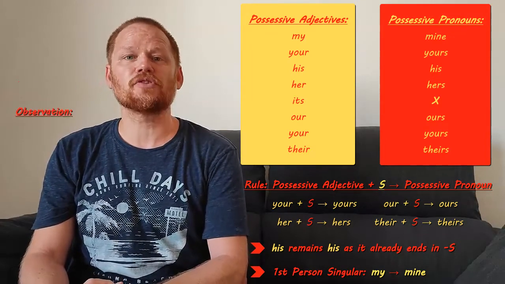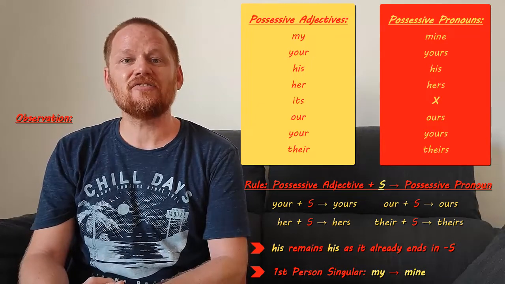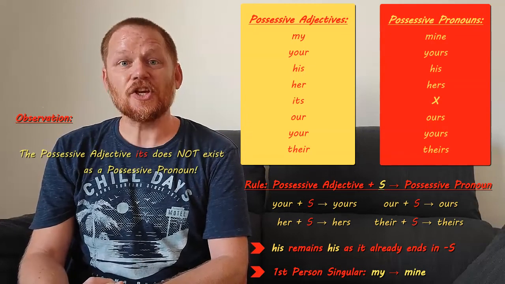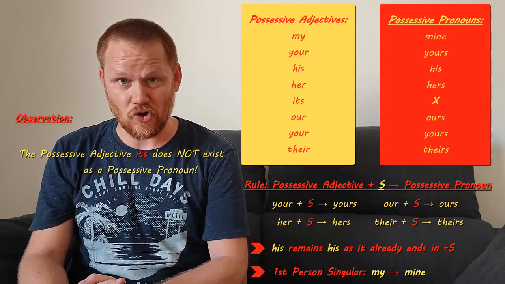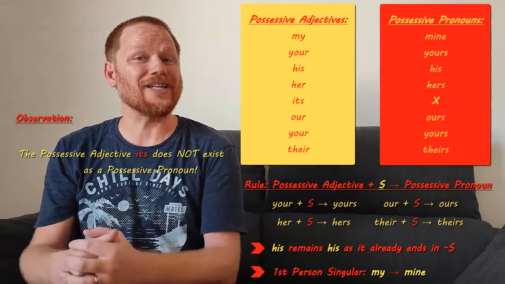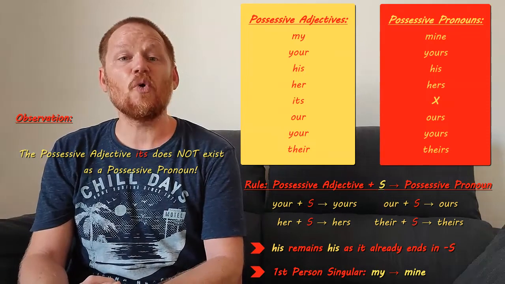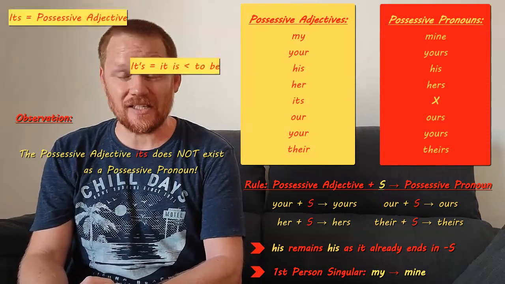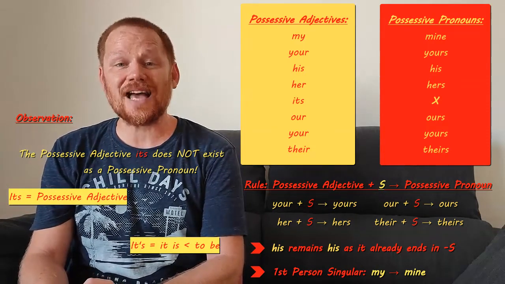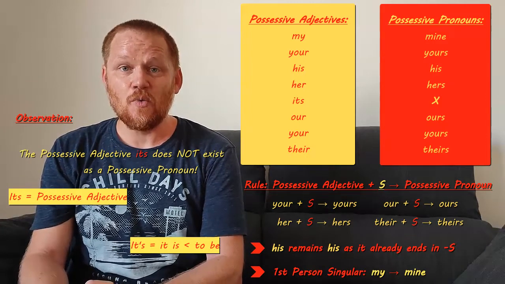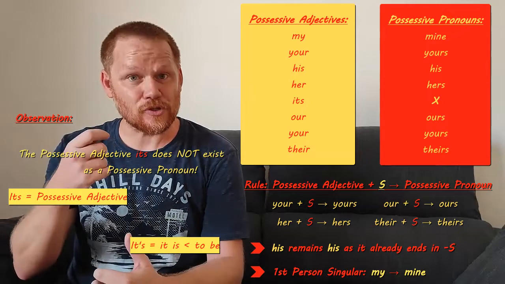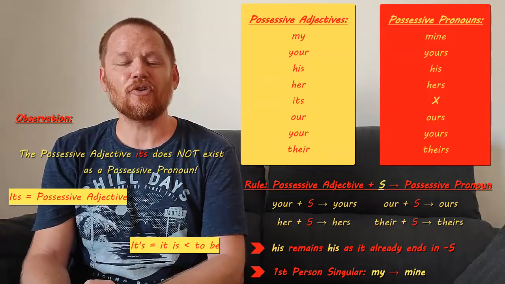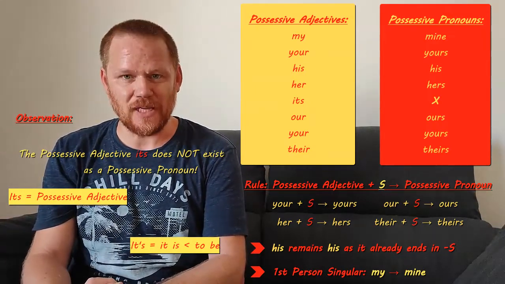Now, one observation: the possessive adjective its does not exist as a possessive pronoun, okay? It just does not exist. Furthermore, the possessive adjective its is written without an apostrophe. When you write it with an apostrophe, it apostrophe s, then you're referring to the verb to be, okay?